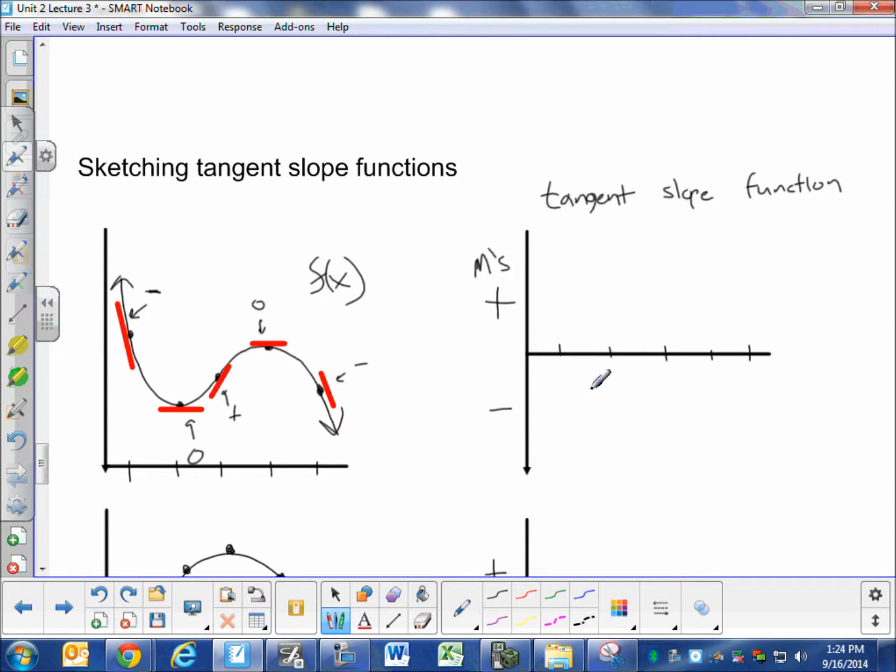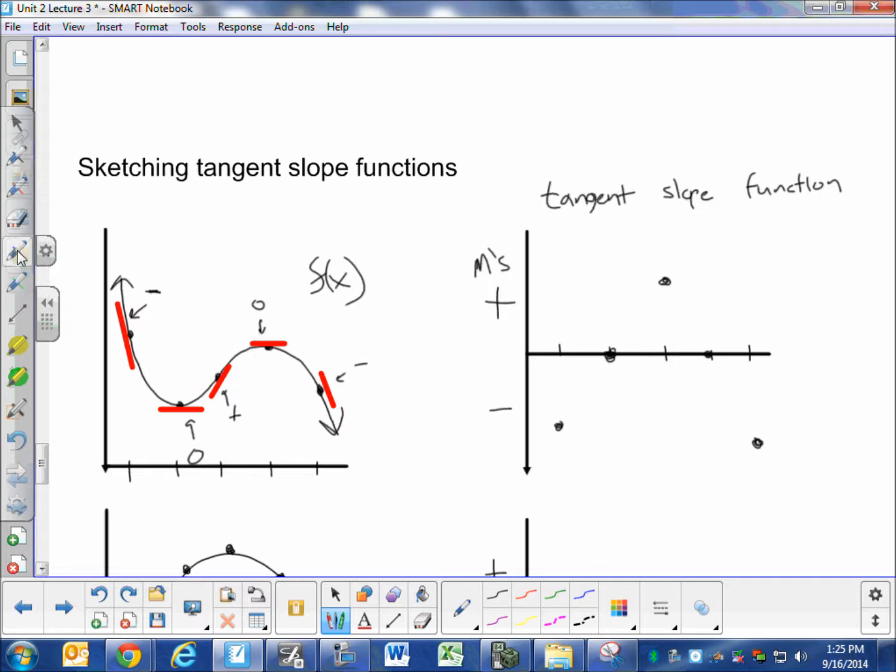Well, at 1, I have a negative slope value. At 2, I have a 0 slope value. At 3, I have a positive slope value. At 4, I have another 0 slope value. At 5, I have a negative slope value.